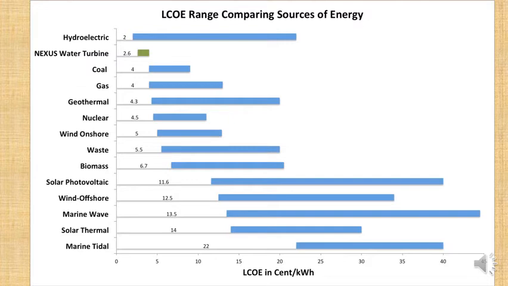And the question here is, what is the levelized cost of energy for each of these? Well, first off, you can see that there is a huge range. There are big bars, especially for something like solar photovoltaic. Why is that? Well, the levelized cost of energy will be very proportional to the weather.